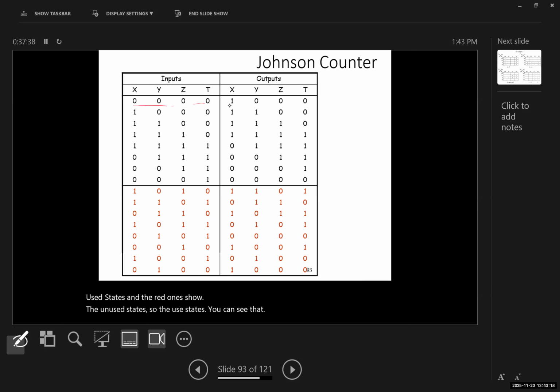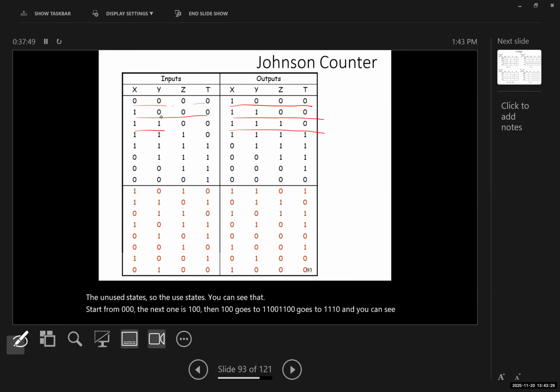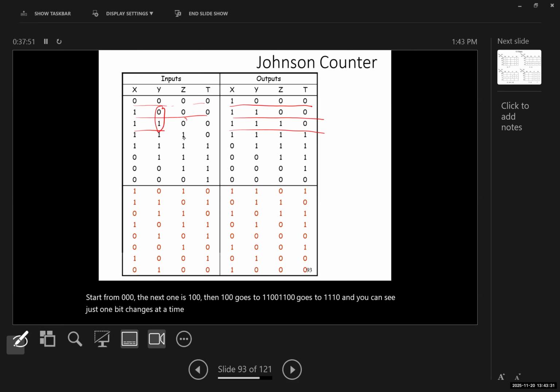The used states start from 0, 0, 0, 0. The next one is 1, 0, 0, 0. Then 1, 0, 0, 0 goes to 1, 1, 0, 0. 1, 1, 0, 0 goes to 1, 1, 1, 0. And you can see just one bit changes at a time. So here we just change this bit. Here we just change this bit. Here we just change this bit, 0 went to 1. And for the next one, we changed this bit, this bit, this bit, and so on.